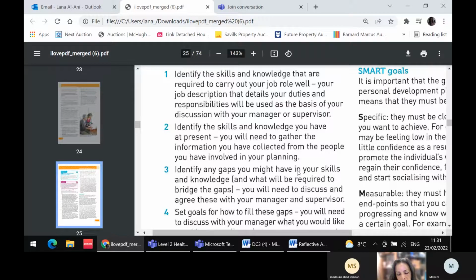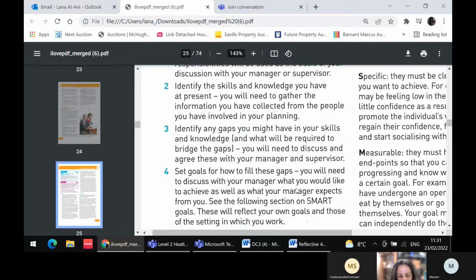So you will need to gather information by getting feedback from your colleagues, from the people you care for. You collect lots of feedback and lots of information, get them involved in your training, and also identify any gaps you might have in your skills and knowledge, what is required.